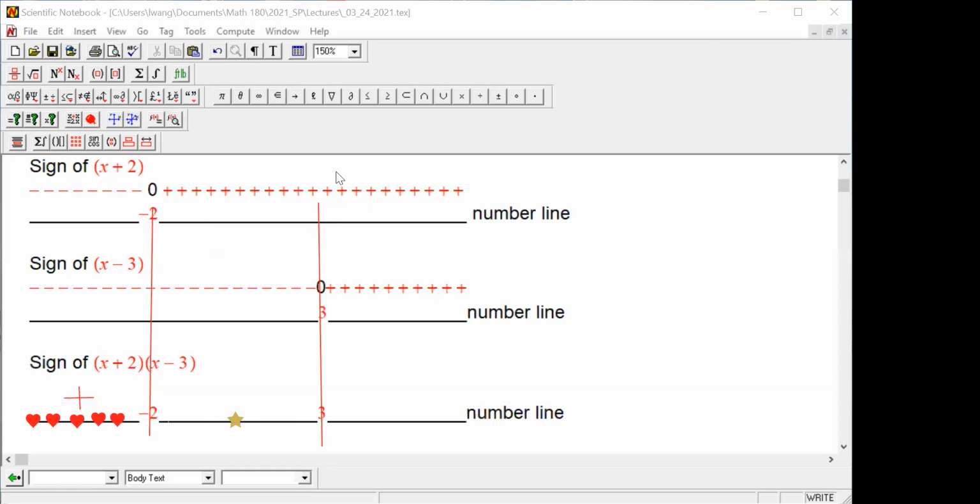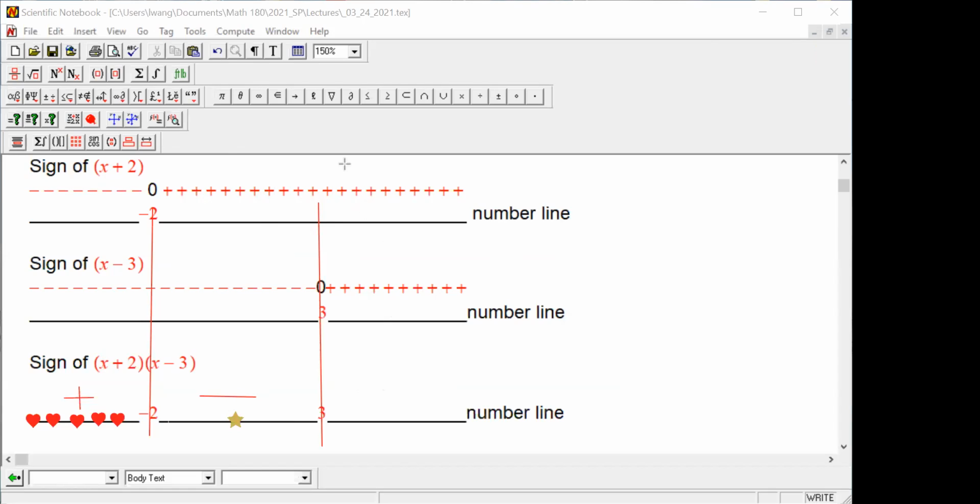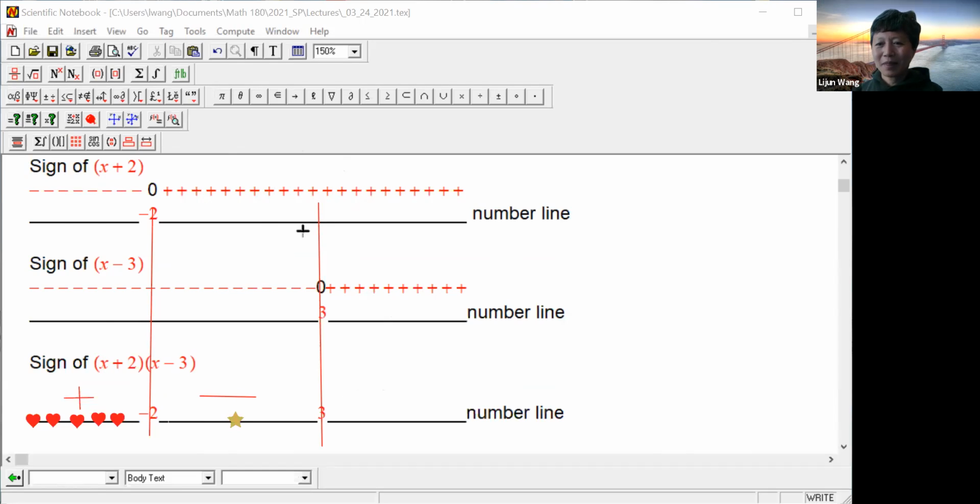So when you multiply a positive with a negative, what's the sign of the product? It's negative, right? And the next one would be positive. That's right. You got it. Does everybody get it?